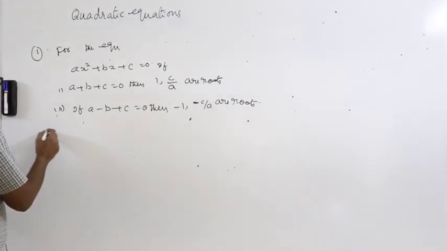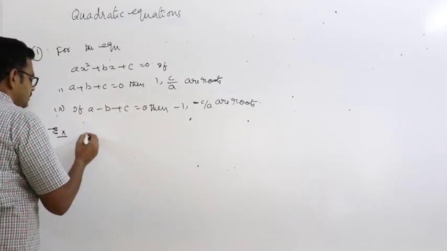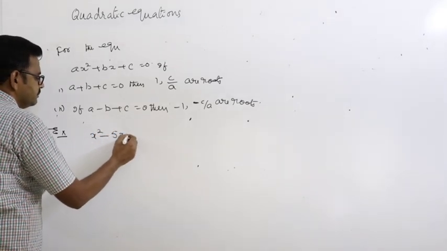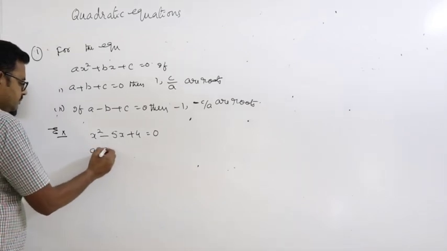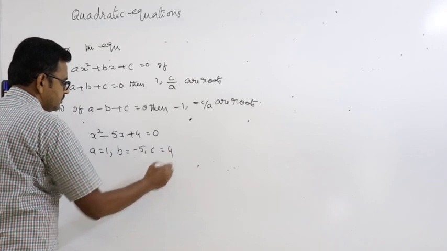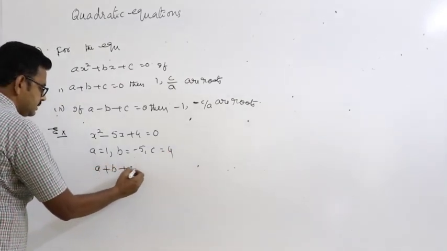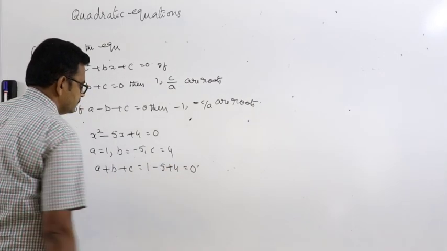For example, if x square minus 5x plus 4 equal to 0, a is equal to 1, b is equal to minus 5, c equal to 4. Now a plus b plus c equal to 1 minus 5 plus 4, which is 0.